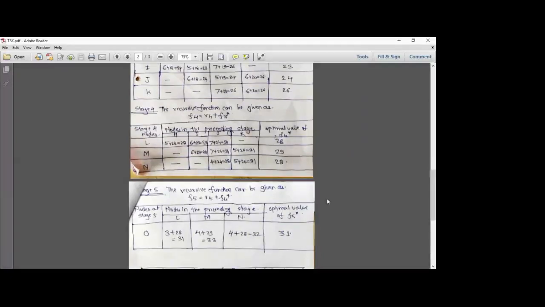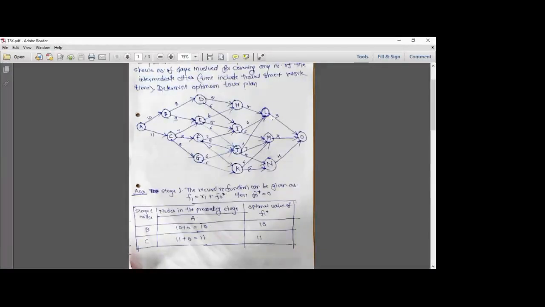The next stage is stage 5, and the recursive function we have written is f5 is equal to r5 plus f4 star, right? So here if you see from L to O, the value is 3. From M to O, the value is 4, and N to O, the value is 4.